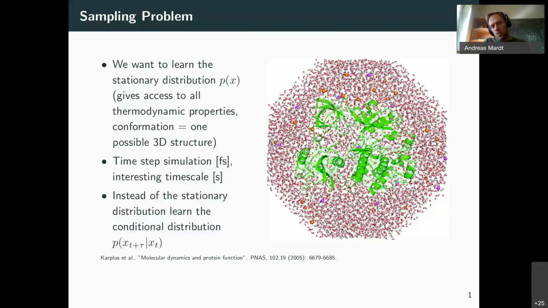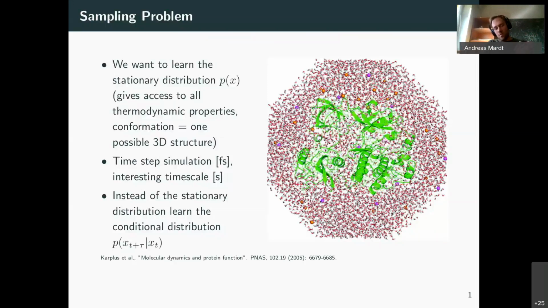in order to integrate all these time steps, we have to use very small time steps so that atoms are not clashing into each other and then it would explode or something like this. And so the time step has to be very small, in the range of femtoseconds. But usually the processes we're interested in for the protein are in the order of seconds.